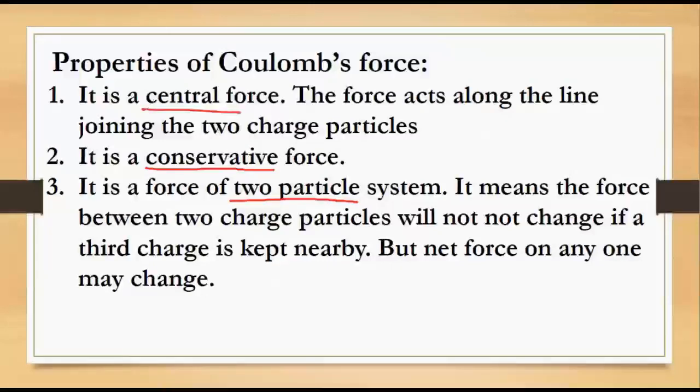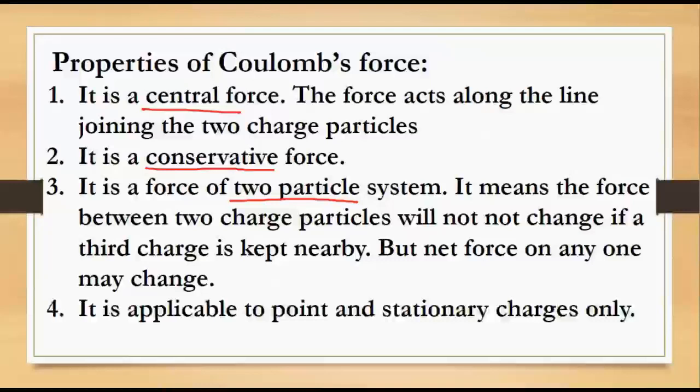And then let us discuss the fourth point. It is applicable to point and stationary charges only. Because we need to know the distance between the two charged particles. If it is not a particle, if it is a body, how can you calculate the distance exactly?